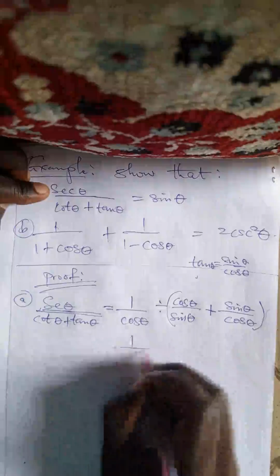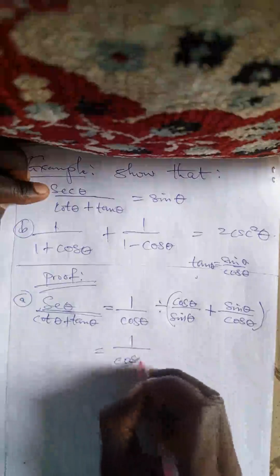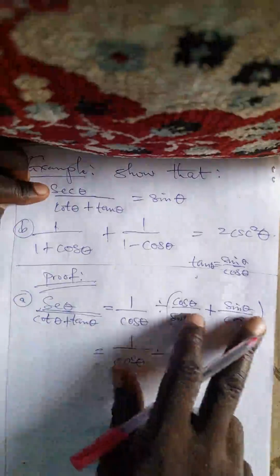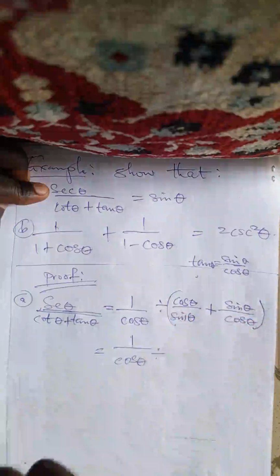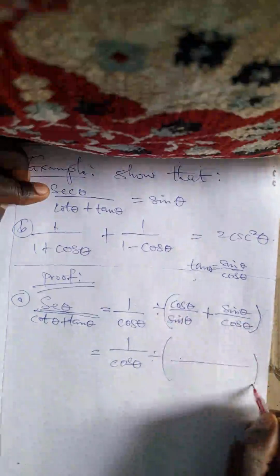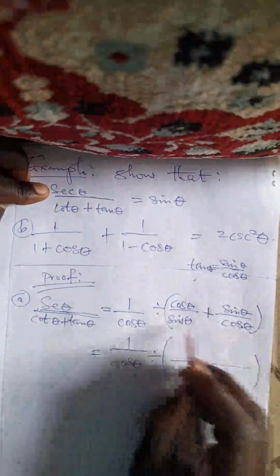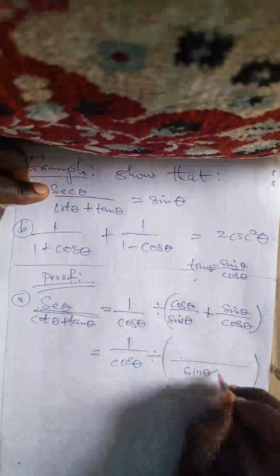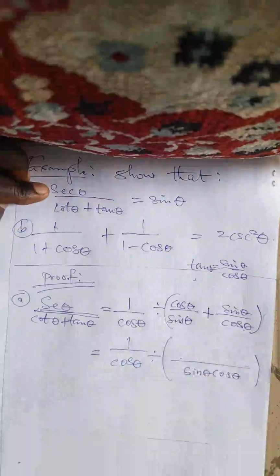Now this is equal to 1 over cos theta divided by, we have to solve what is inside the bracket first. So we have to find the lowest common multiple. Since neither is a factor of the other, sine theta cos theta is the lowest common multiple.